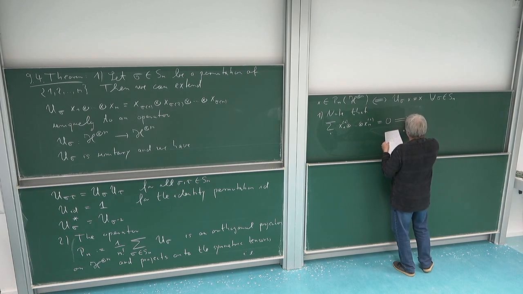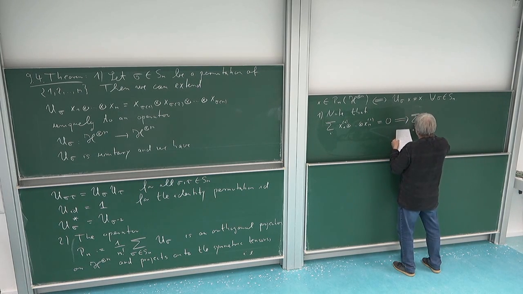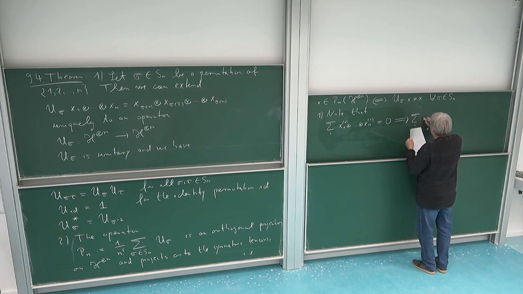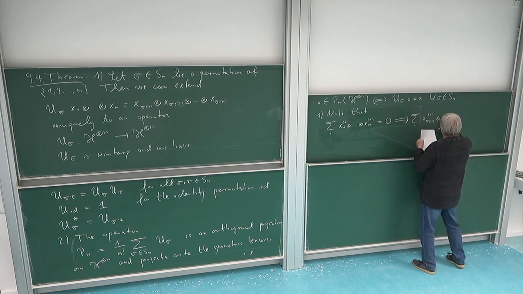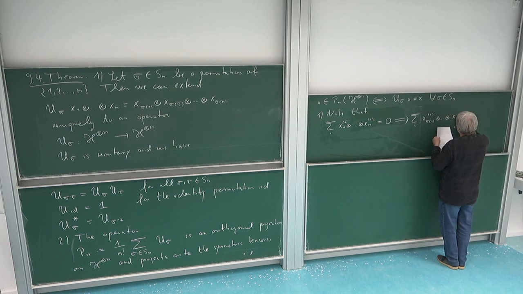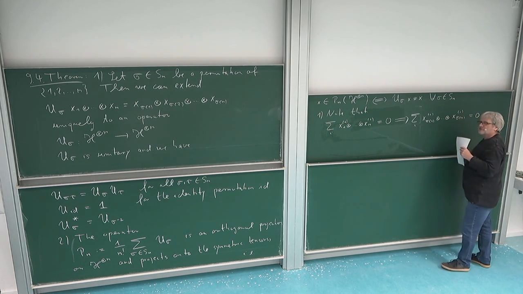So this should imply that if I'm now taking the sum over x sigma 1 i tensor and so on x sigma n i, that this is still equal to 0.